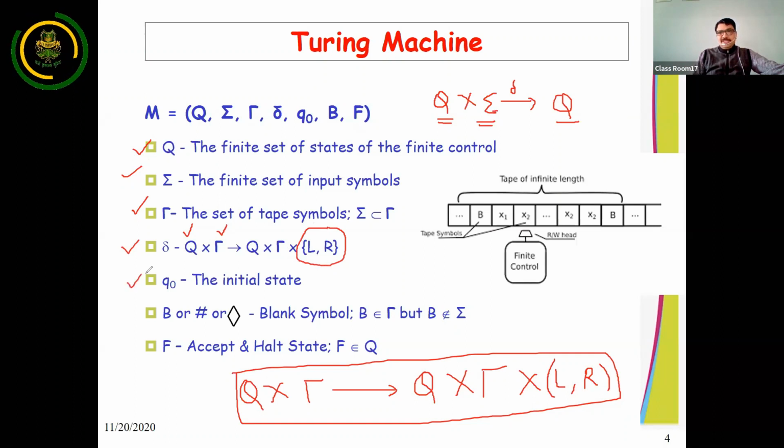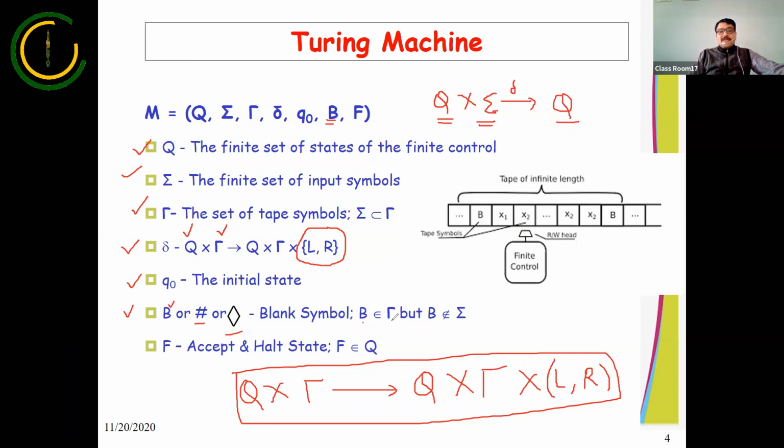After that, Q0 is the initial state, as I already told you in the case of deterministic finite automata. The next point is an important one, that is B. B means blank. B is the blank symbol present on the input tape, and the blank symbol can be represented by other signs also, like the hash sign. You can use any one of them, but we prefer this B sign that indicates it is blank, right?